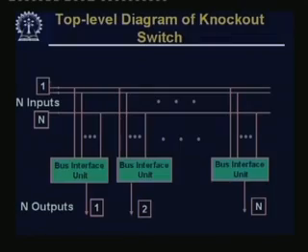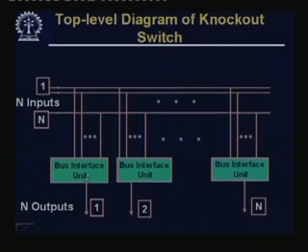Let us have a look at the figure. We have the n input lines on one side. A call may come from anywhere. Let us say subscriber number 1 is trying to call subscriber number 2. Subscriber number 1 will broadcast the signal over this bus. There are n buses here, and n bus interface units are connected to all the buses.